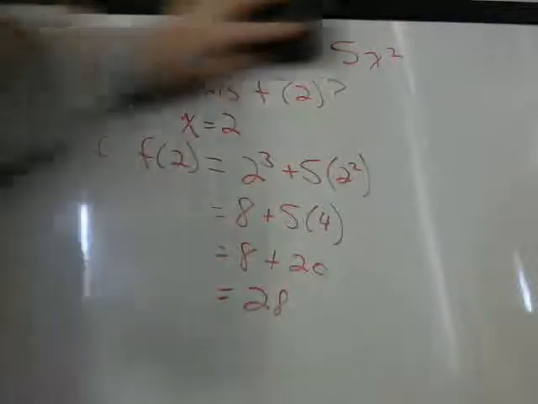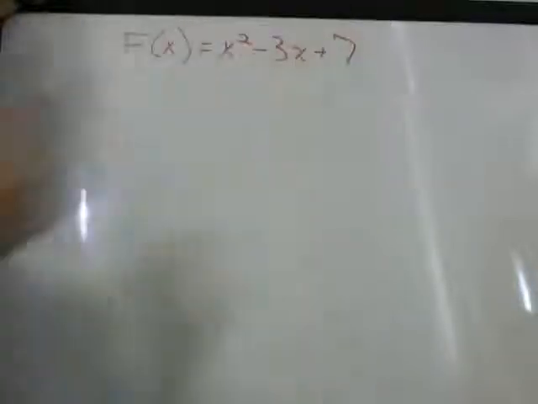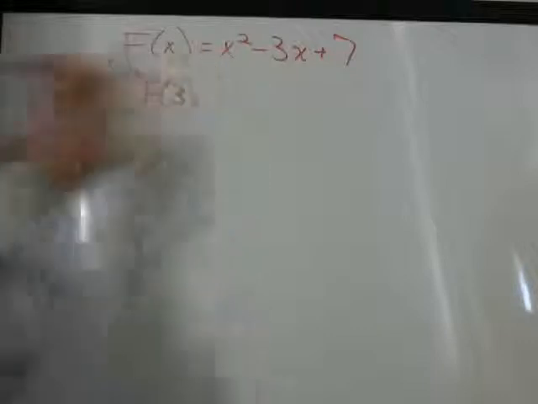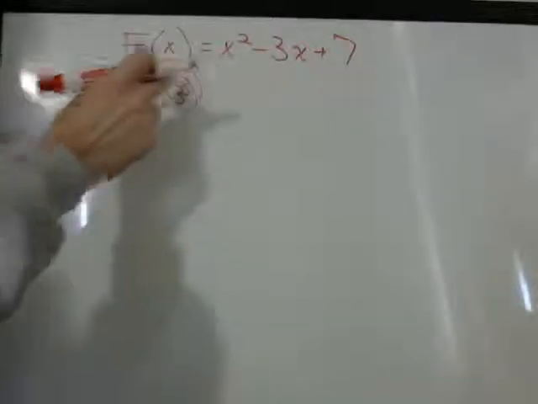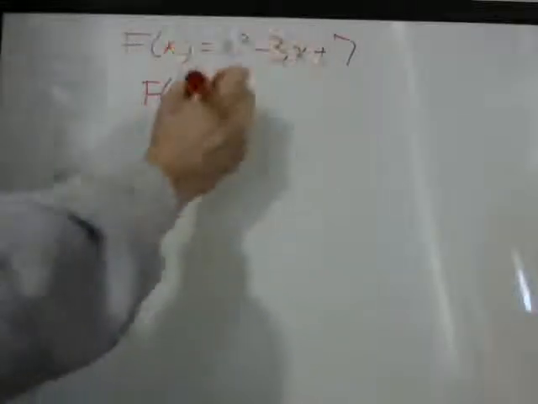So the other way you might see this written, and for our purposes really makes no difference, is they might write it with a capital F equals x squared minus 3x plus 7. What is f of 3? So again, instead of an x, you're just going to put a 3 in every time you see an x.